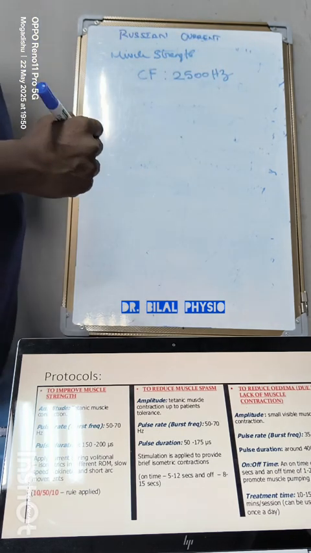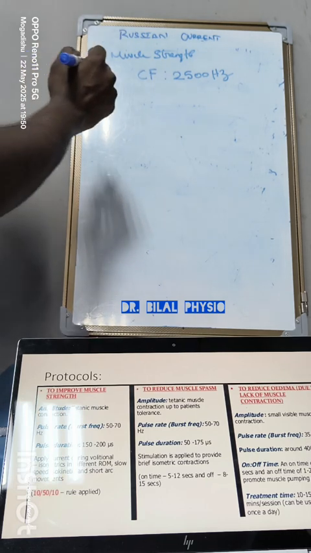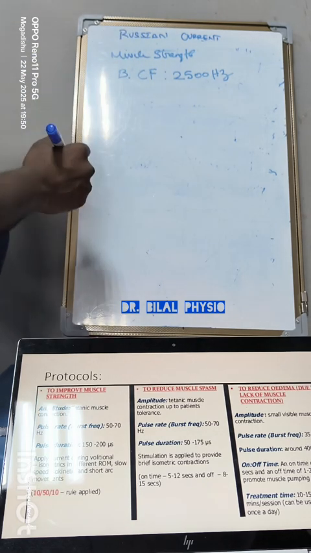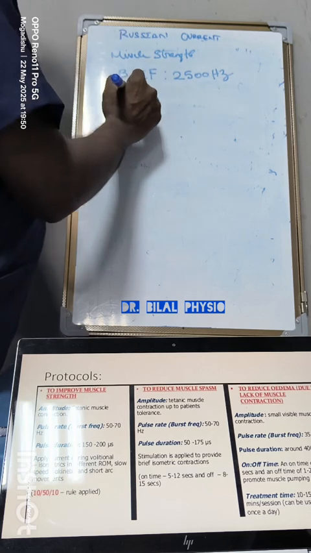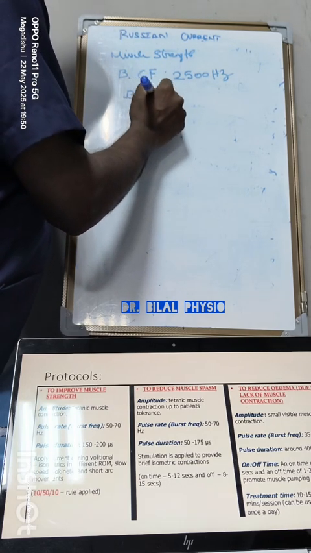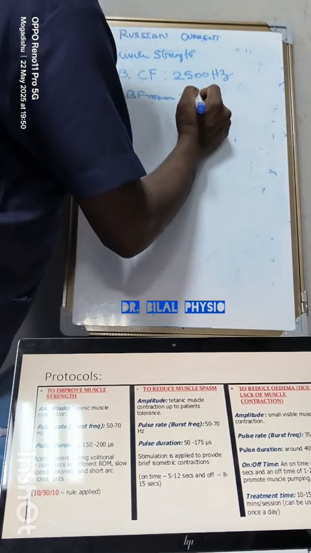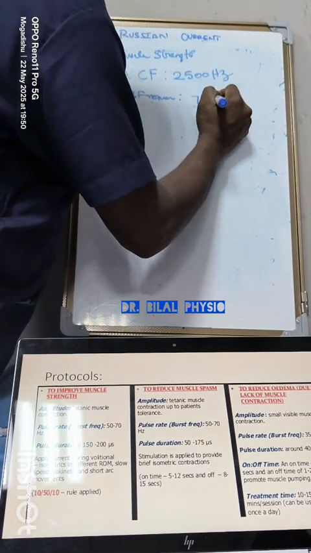This is basic for all the conditions. We cannot change it, as this is a basic carrier frequency range, with a burst frequency of 75 Hertz.